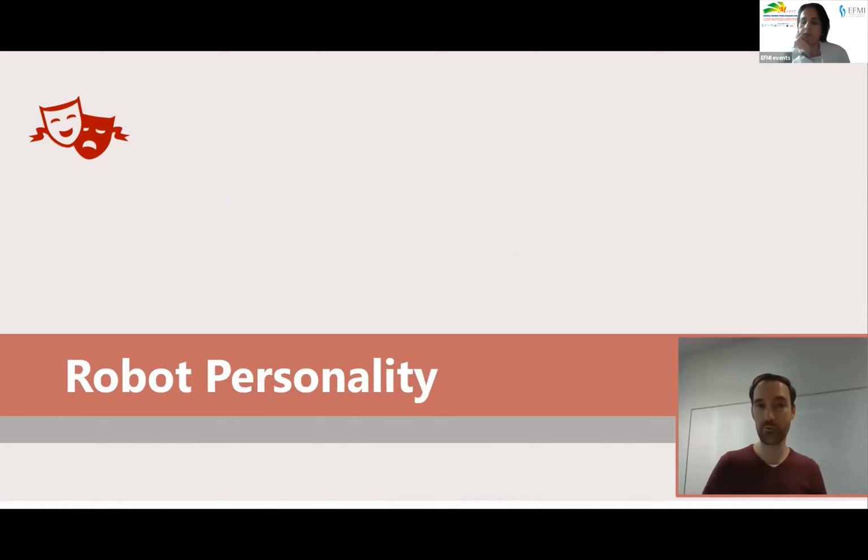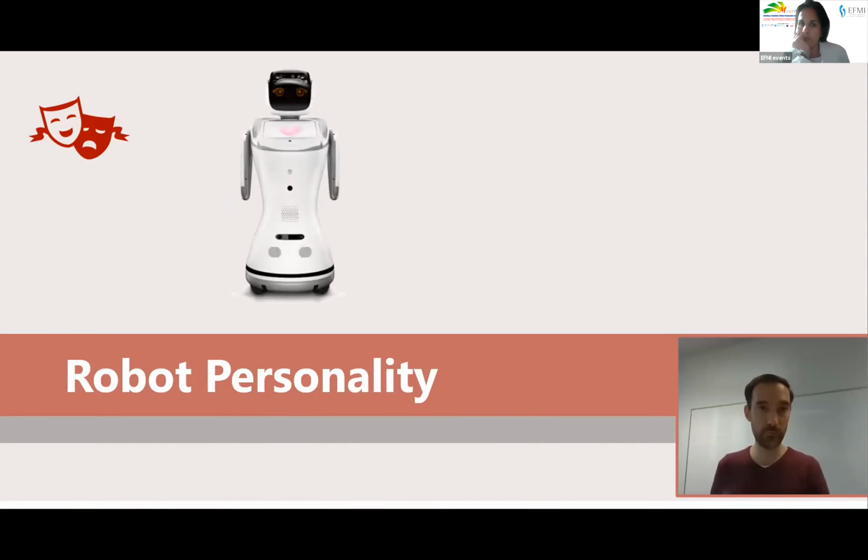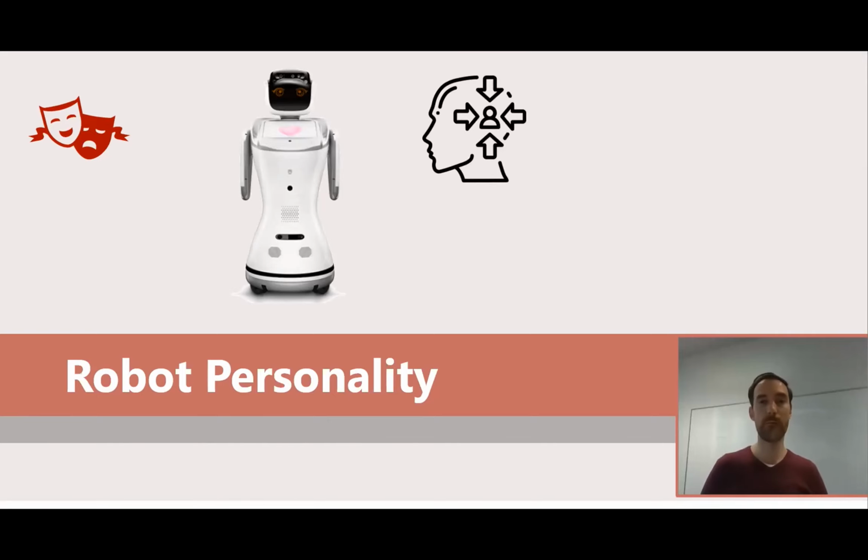Now, we did this in an empirical study where we had a different type of social robot. This is a social robot that was driving around. It has little arms that could move around, and we had a face on which we could project emotional expressions. We made this robot be perceived as an introvert robot.